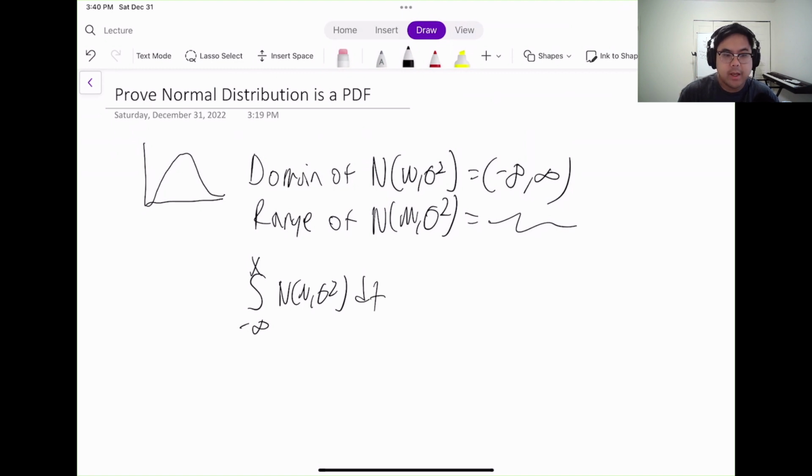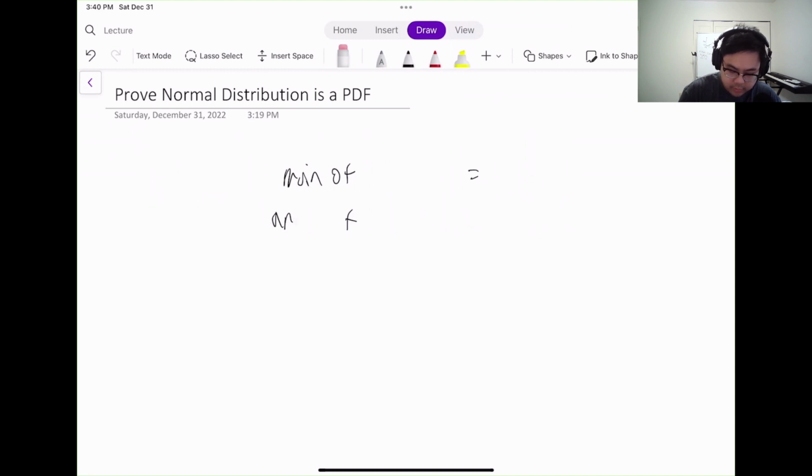But the thing is, we can't integrate this function. It's not integrable by elementary functions, so we have to perform some tricks. Let me erase all this. Okay.